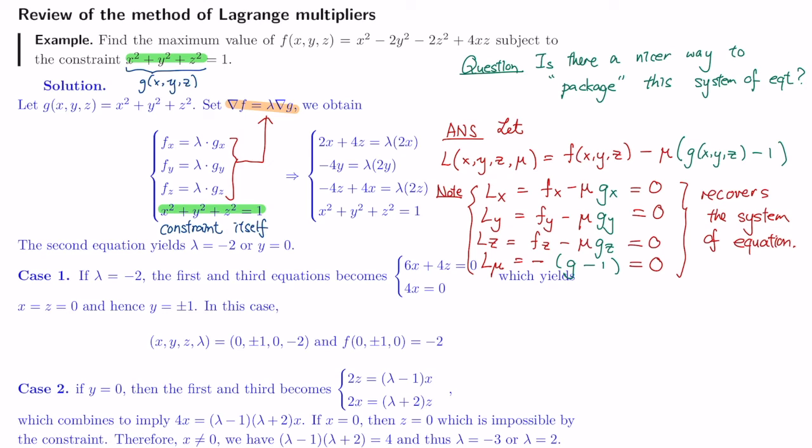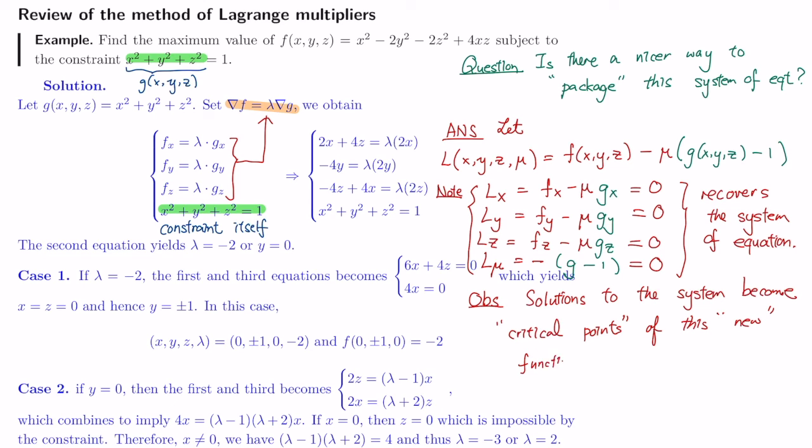Moreover, another key observation, what's the advantage of doing this? At least one advantage is that solutions to the system become critical points of this new function L(x, y, z, mu).